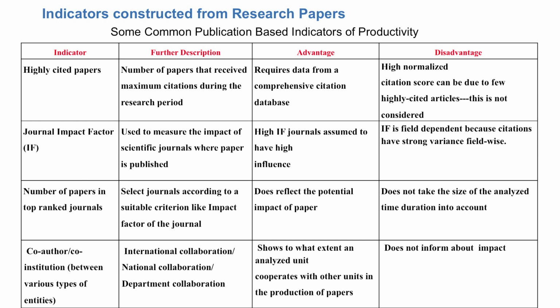Co-author analysis talks of international collaboration. But in this co-authorship analysis or co-linkage analysis, when I am looking at how many papers are linked together, how many papers are co-occurring together among different institutions, we have to be careful if we want to go further to look at the impact of this type of co-authorship or co-institutional linkages.